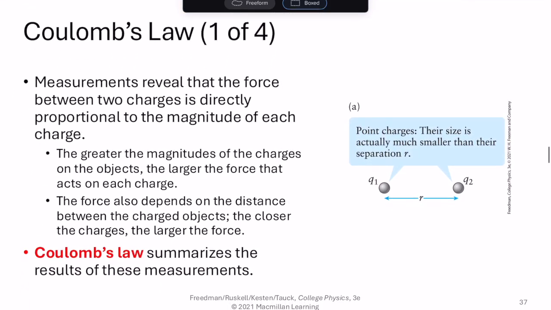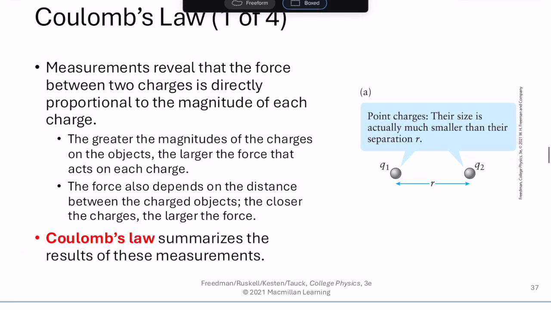So, a couple hundred years ago when they were doing these measurements, what they found was that when you have two charges placed a distance r next to each other, the force was proportional to the magnitude of each charge. And so the larger the magnitude of the charges, the larger the force.